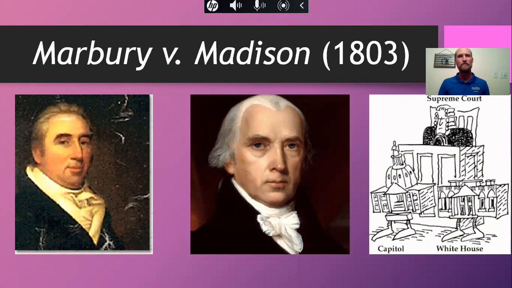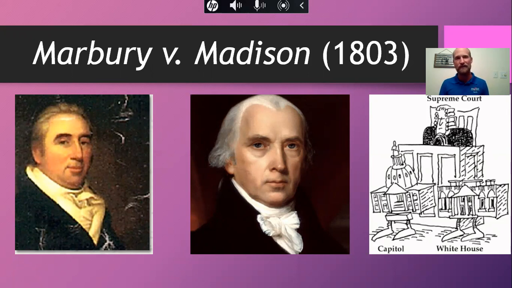John Marshall, the Chief Justice, said, well, the way the law reads, you're right, Marbury, you should be given your appointment. However, the law is going against Article 3 of the Constitution. You guys read Article 3 of the Constitution.